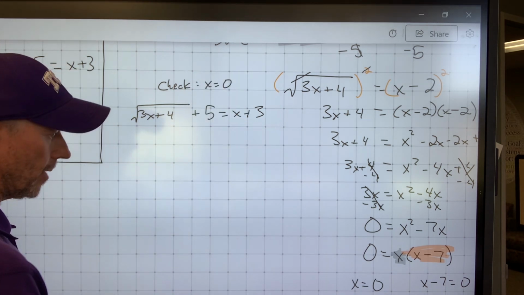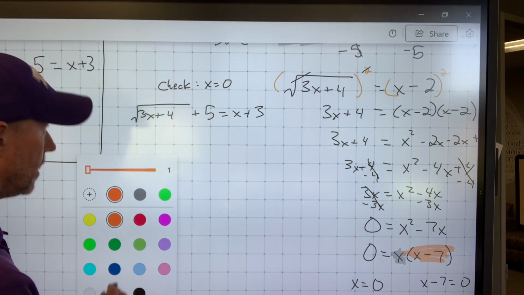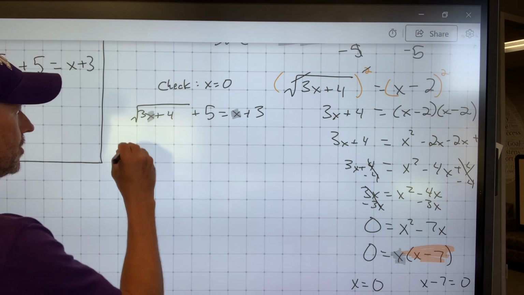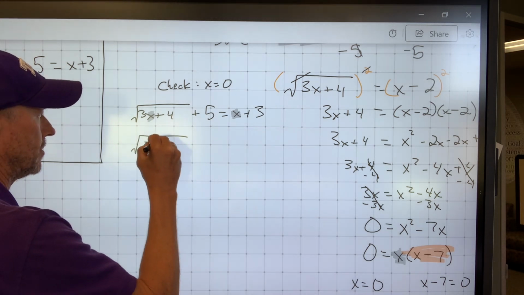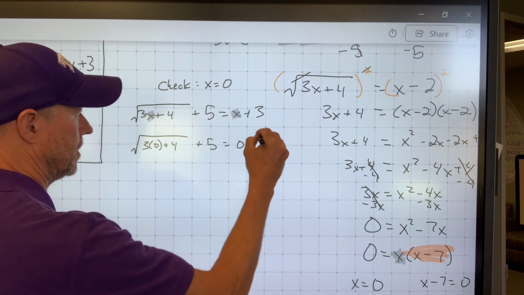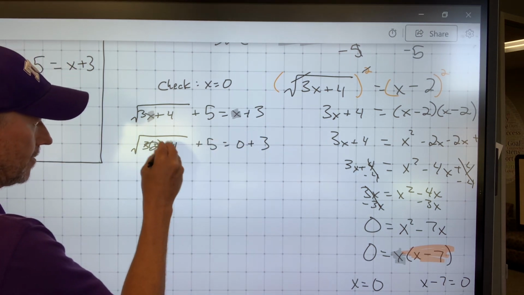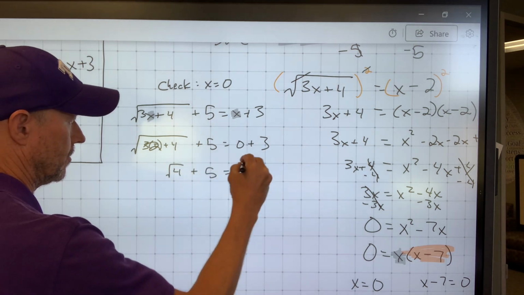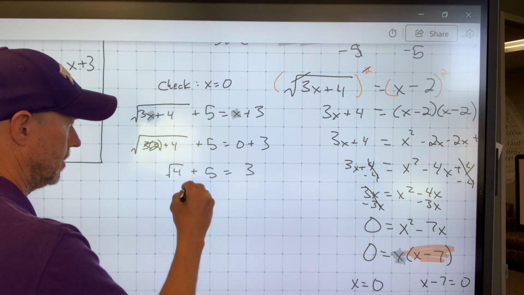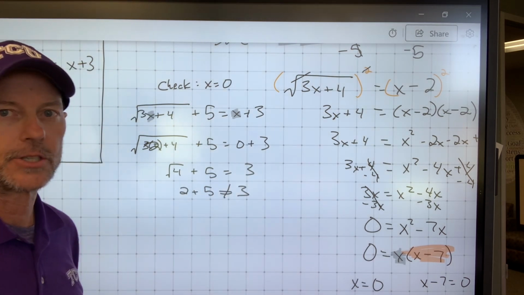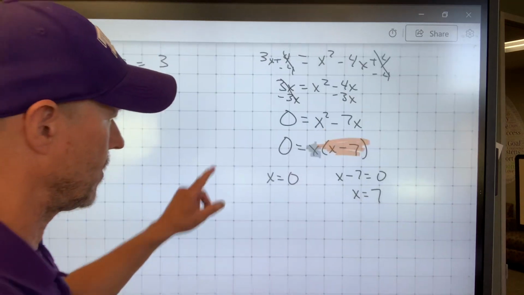That means everywhere I see x, I'm going to put in a 0 and see if I get a true statement. So I have the square root of 3 times 0 plus 4 plus 5 is equal to 0 plus 3. Well, this goes away, so the square root of 4 plus 5 is equal to 3. Well, this is not true. 2 plus 5 does not equal 3. So 0 is extraneous.